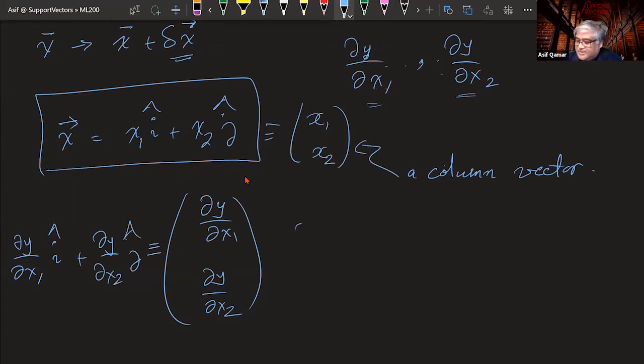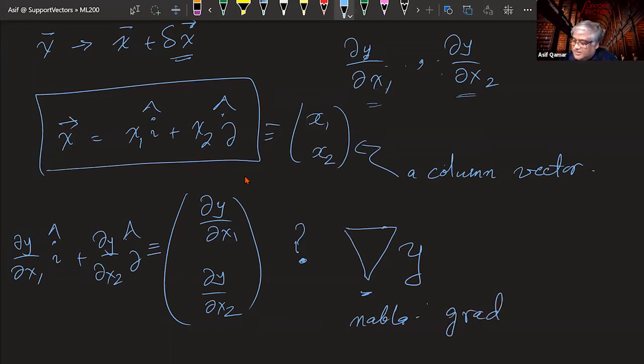It turns out that this is a very useful thing. It is the generalization of the concept of slope. It is this notation, nabla, also called the grad or the gradient.